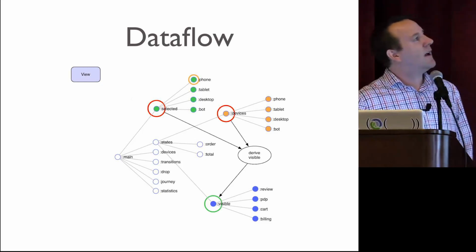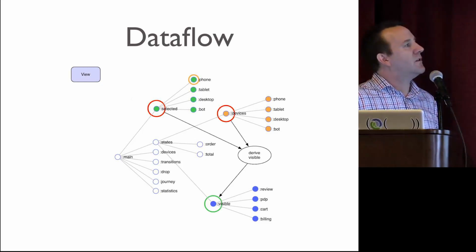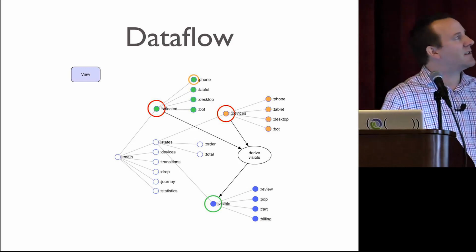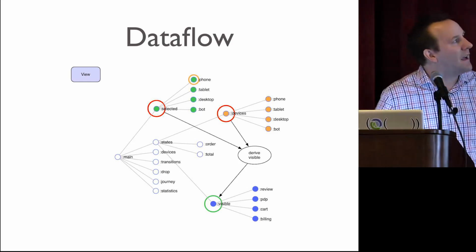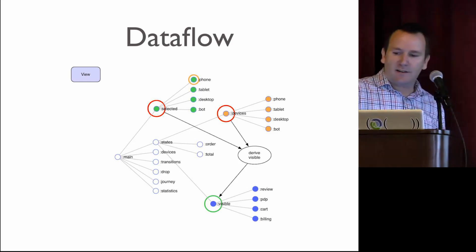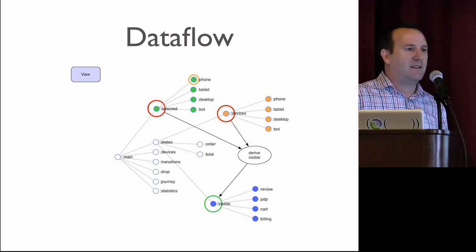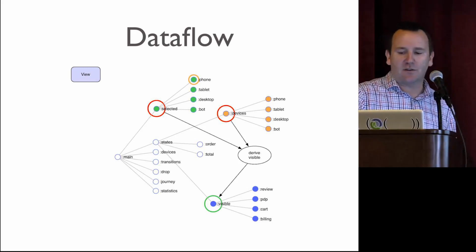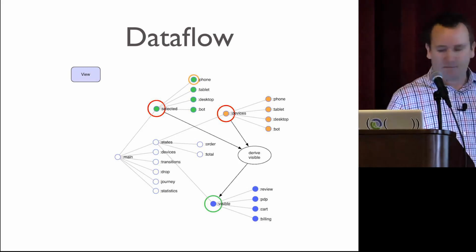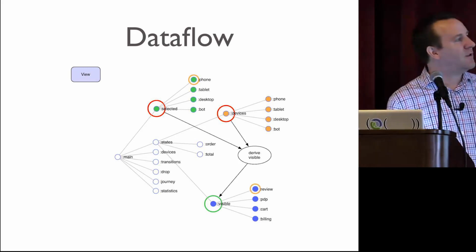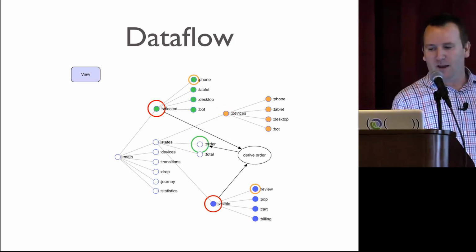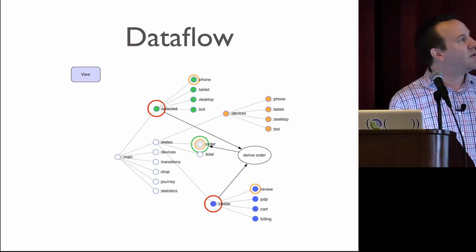So the data flow engine will know that that changed and know that that function depends on it. And that function has two inputs. It cares about both the selected subtree and the device's subtree. And those will be passed into this function. It will produce a new value for the visible subtree. And what that will do is update the review node, and so on. We update the order node.